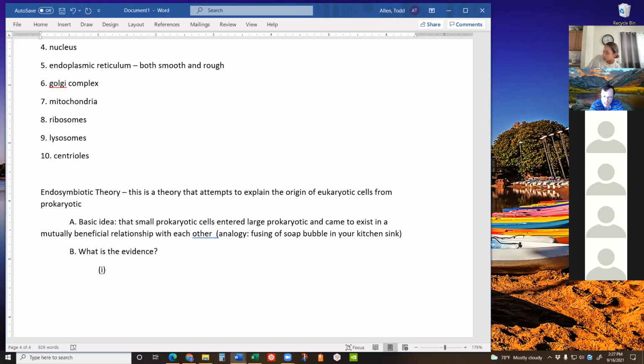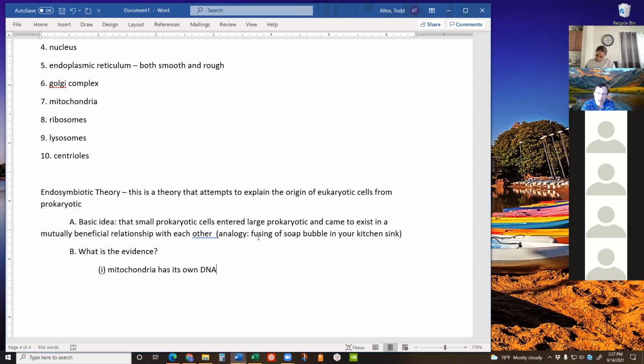bodies, they have at least two sources of DNA. They have the DNA in the nucleus, and if it's an animal cell, they also have DNA in the mitochondria. Mitochondria has its own DNA. I don't know if that's new to you or not, but it is nonetheless true.